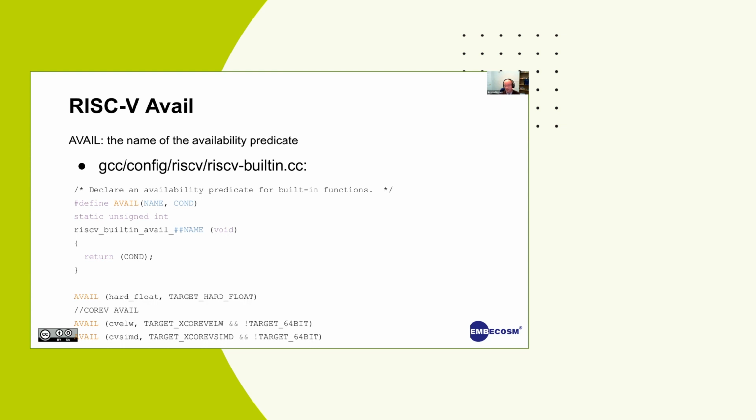You define them with an availability with the avail macro. What we've done here, you'll see we've added avail ELW. That's available if the target has specified X or the ELW and it's not 64-bit. Similarly we've done one for SIMD.